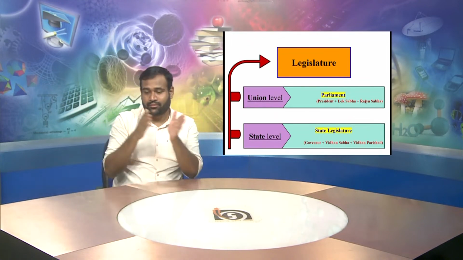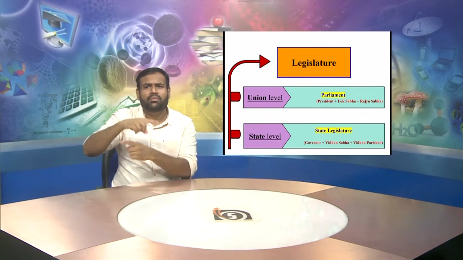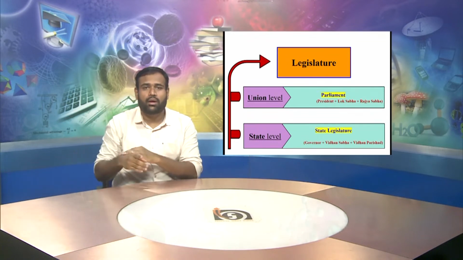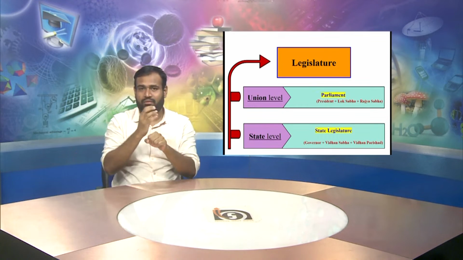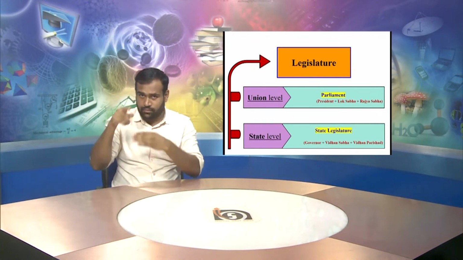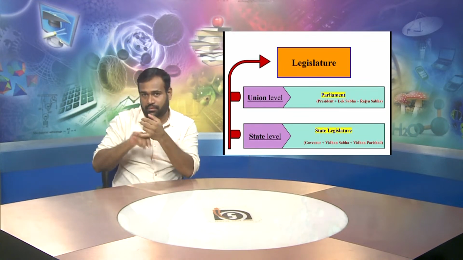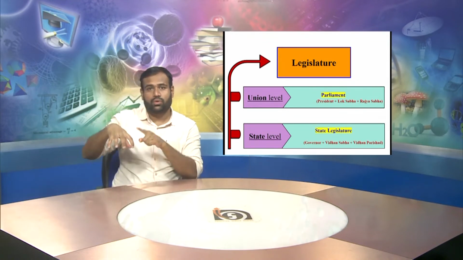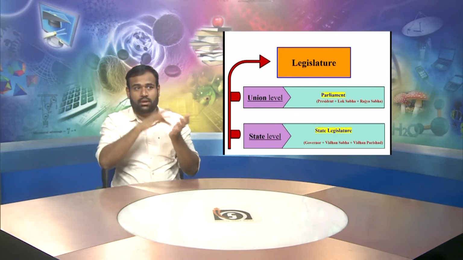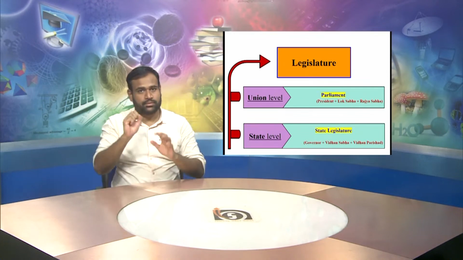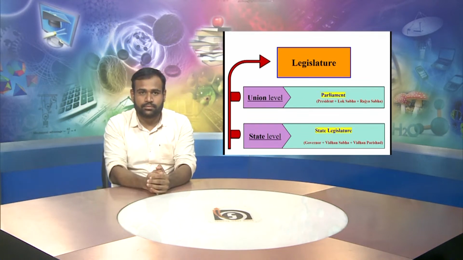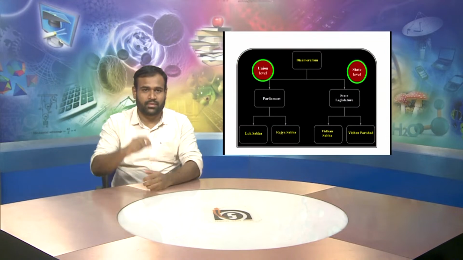The first is President, then Lok Sabha, and then third is Rajya Sabha. On the other side, at the state level, state legislature consists of governor, then Vidhan Sabha, and then Vidhan Parishad. So union level and state level are two different legislatures.